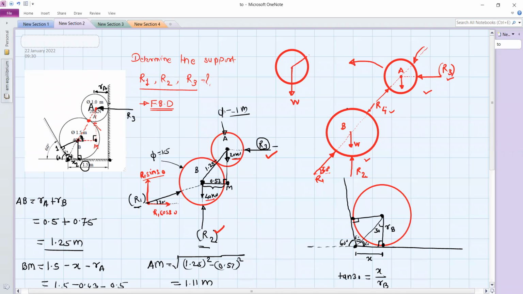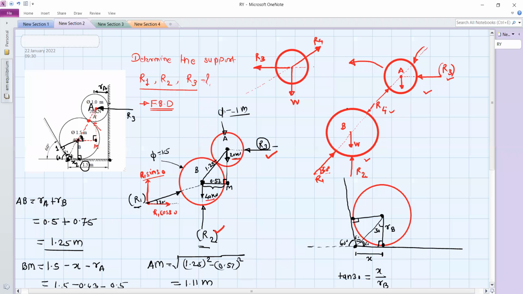So we can show the reaction R4 in this way. So actually, this is the line of action, and this reaction R3 we can show along this line of action. So this is the reaction R3. Just we have to shift the force from the periphery of the circle directly to the center point.